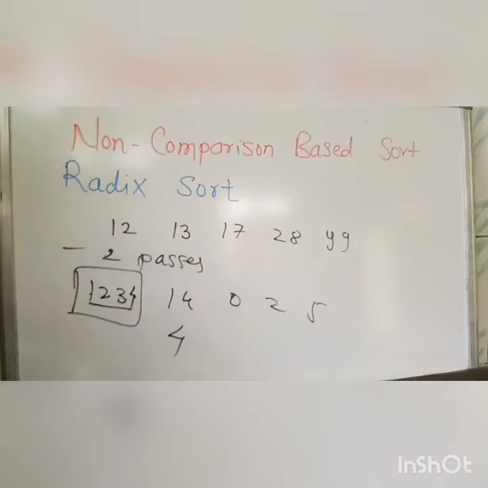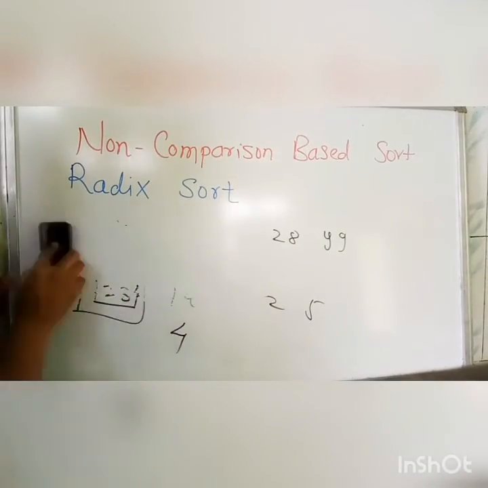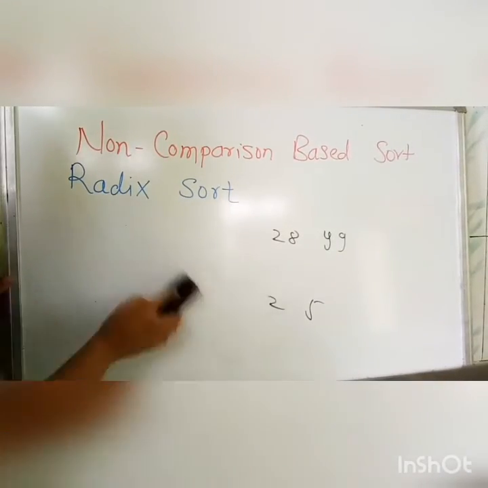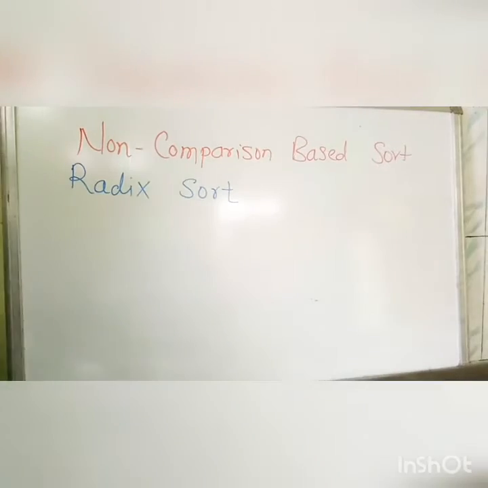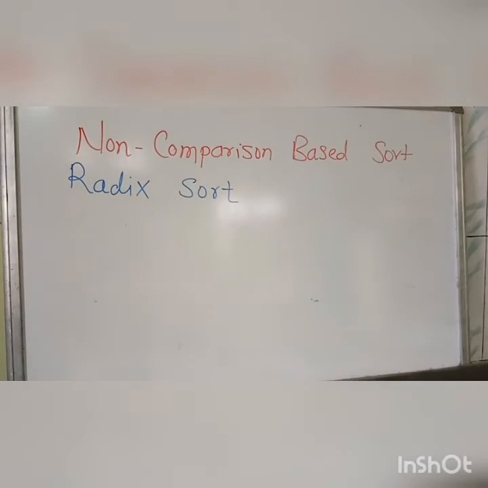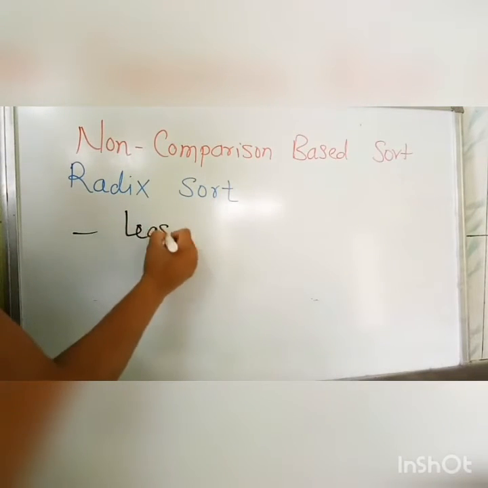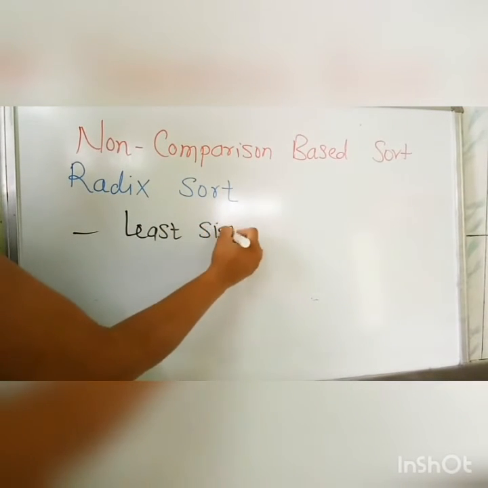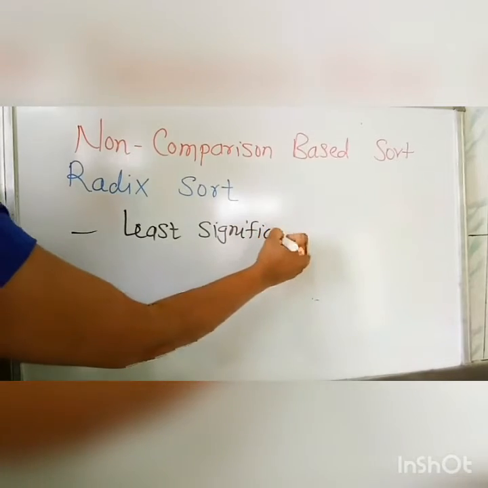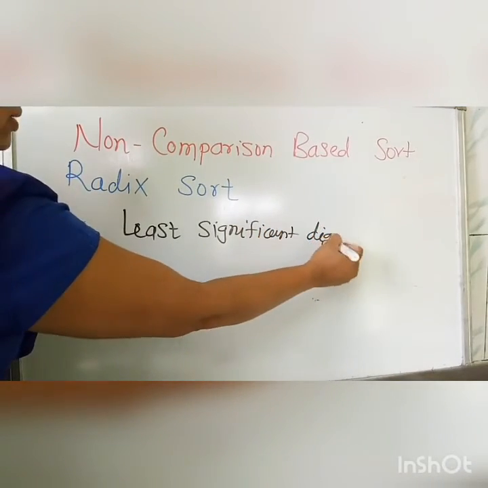But how to apply this sort to sort any data elements? First of all, in the first pass, the numbers are sorted according to the least significant digit.